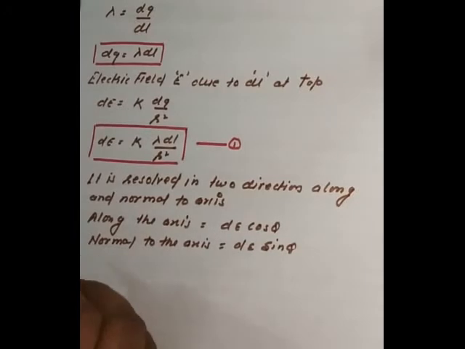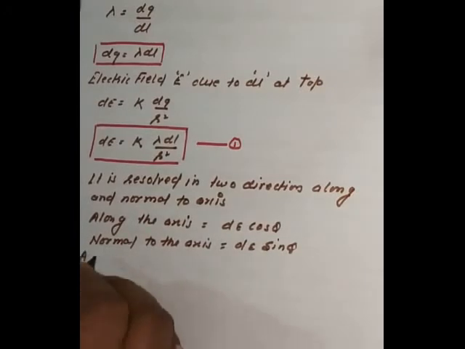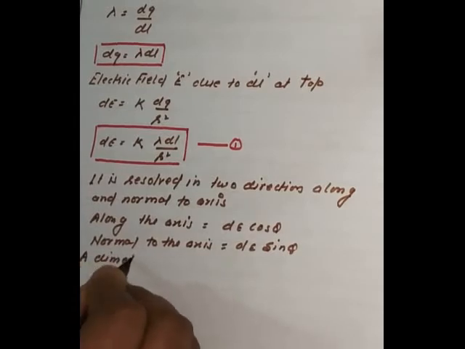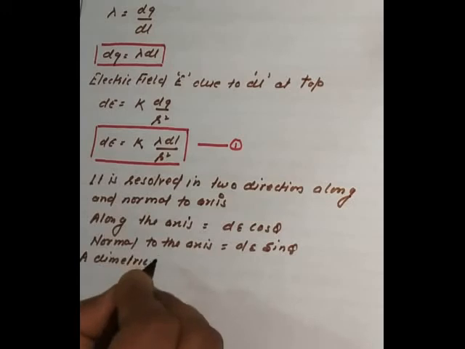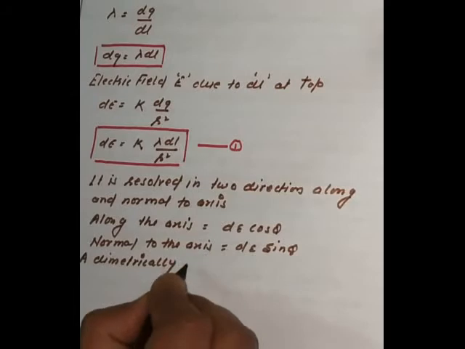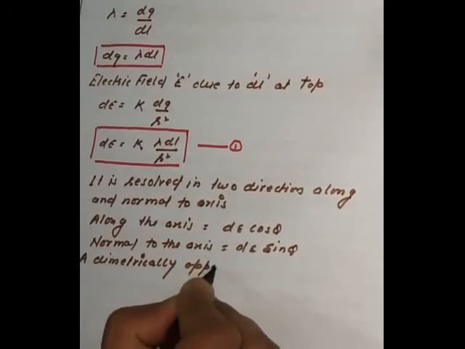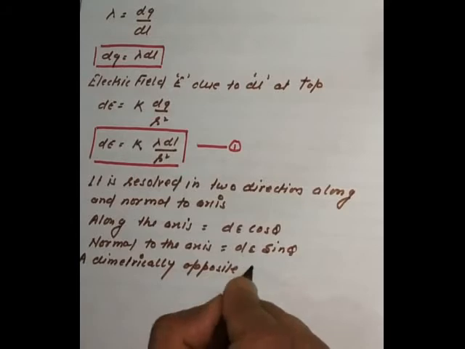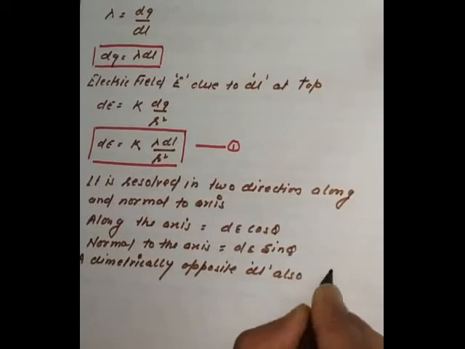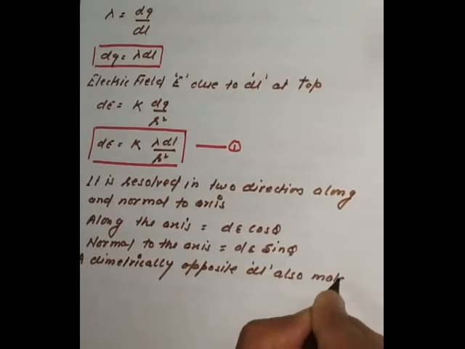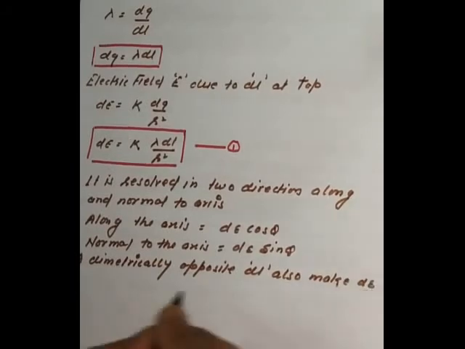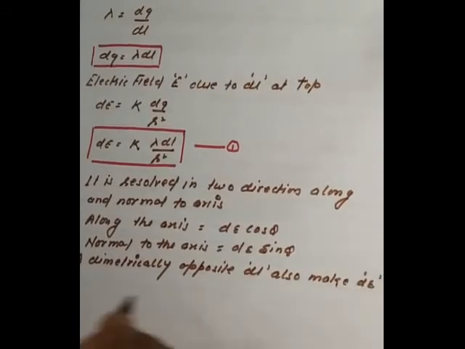So you can write: a diametrically opposite dl also makes dE electric field.